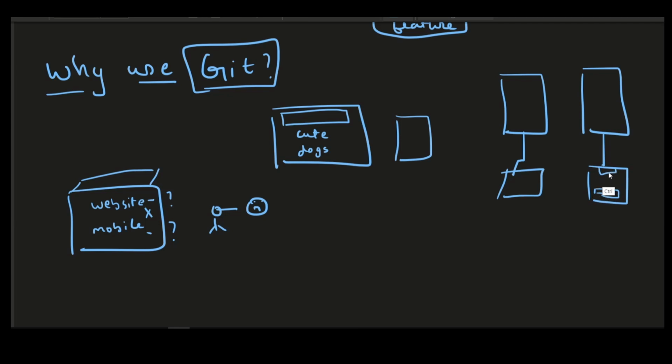Okay, continue. Yeah, this is a mobile that is getting developed. In one place there's a website which is getting developed, one place a mobile which is getting developed, right? Yeah, that is called parallel development. Like two things are getting developed at the same time.